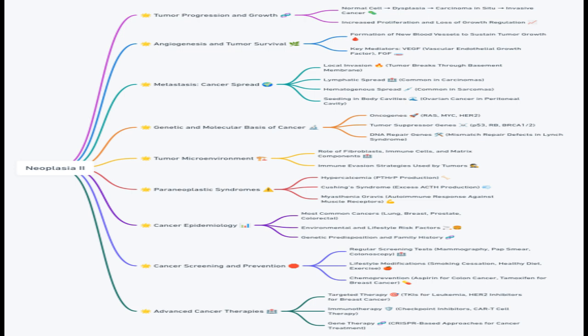So what are the risk factors for infiltrating ductal carcinoma? We have genetic predisposition like BRCA1, BRCA2 mutations, hormonal factors like estrogen exposure, late menopause, hormone replacement therapy, and also lifestyle factors like obesity, alcohol consumption.